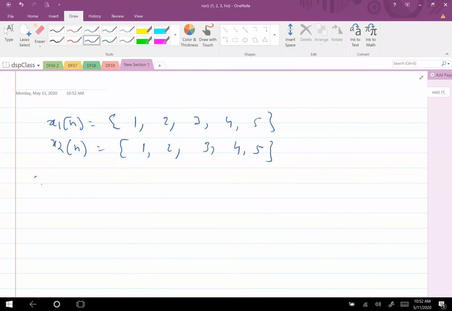Now if I'm going to multiply x1 of n with x2 of n, and suppose I then need to do the sum also, then n elements are here and this also has n elements. How many multiplications do I have to do? This one multiplication, second, third, 4, 5. 5 multiplications, and after that 4 additions is what I have to do. Is it not?